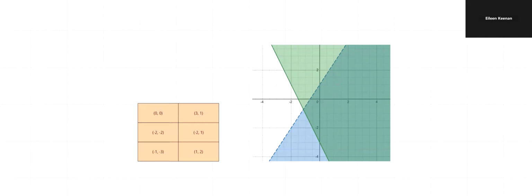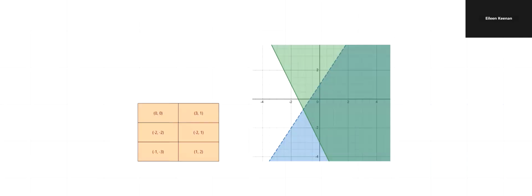So when we're talking about graphing linear inequalities, the solution is the entire shaded region that overlaps. So where it's just green at the top is not the solution, where it's just blue at the bottom is not the solution, but where it's overlapping is the solution.